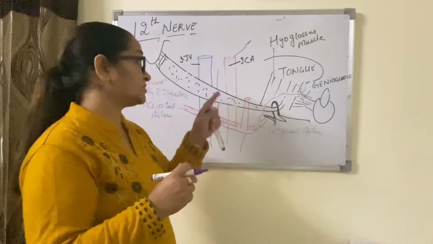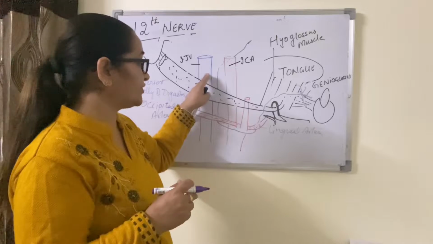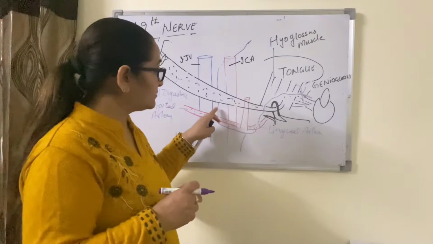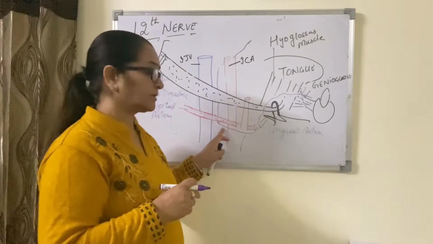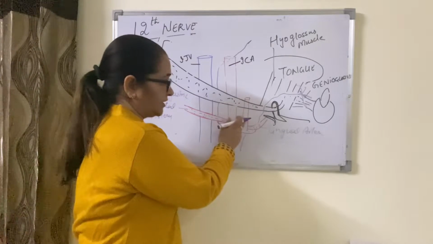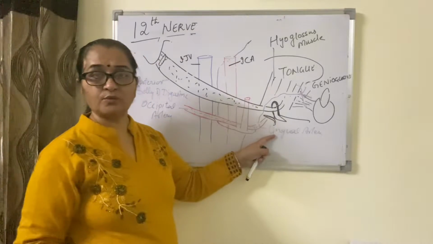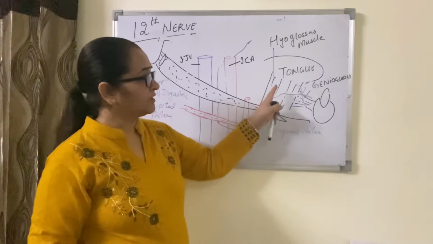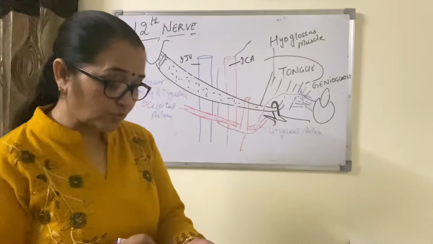And after that, this nerve runs between these two important vessels, passing behind the posterior belly of digastric and stylohyoid muscle, then winding around the occipital artery, which is a branch of the external carotid artery, and enters the carotid triangle. In the carotid triangle, it crosses the internal and external carotid vessels and moves forward to wind around the lingual artery, which is again a branch of the external carotid artery. Then it enters the digastric triangle, and in the floor of the mouth, it splits into different branches to supply the different muscles of the tongue. So this is the course of this nerve.